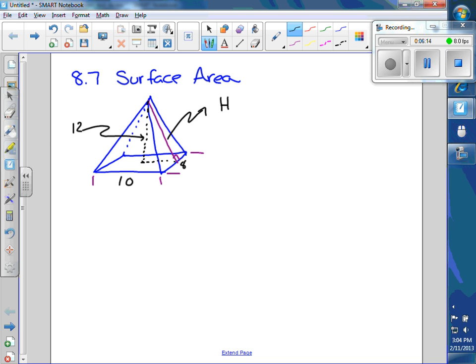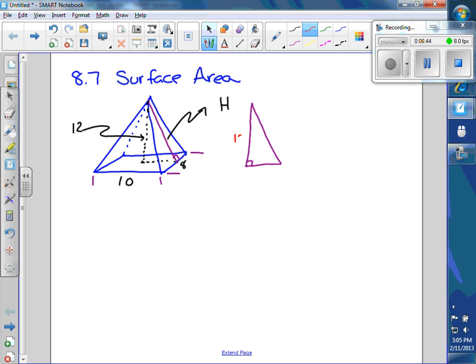A triangle from the midpoint to the top, and then from half of the distance across the bottom. Right. So if this is truly the height, it would be a right angle and it would form this triangle here. I didn't get it all connected, but you would have a right triangle in there. Sometimes you'll see that missing value in your book. Sometimes you won't.